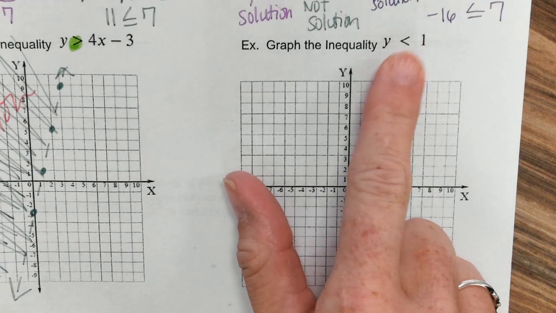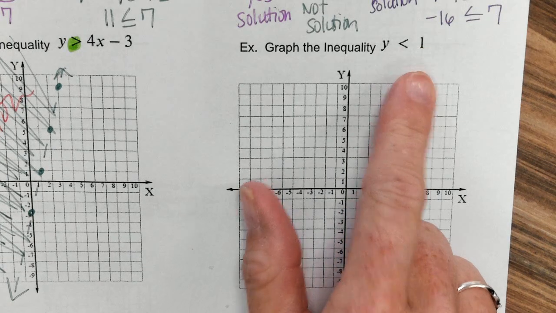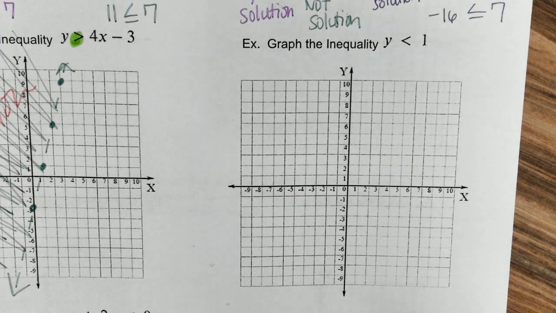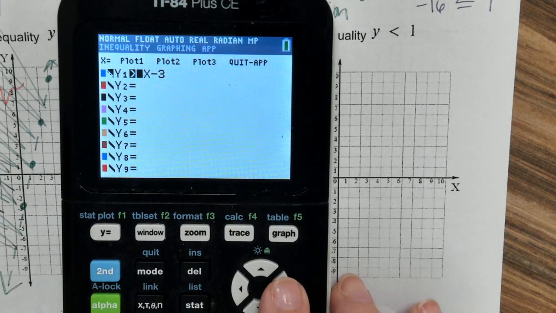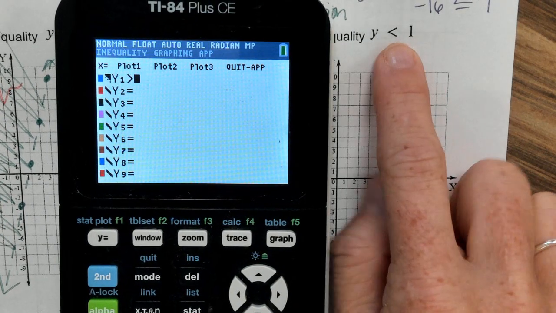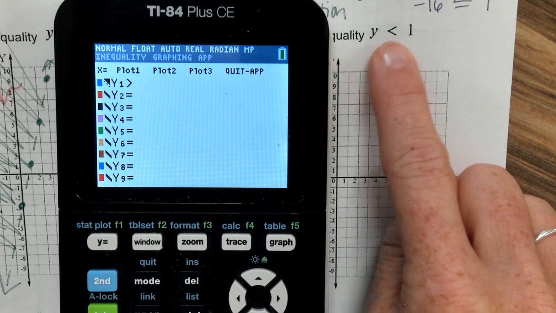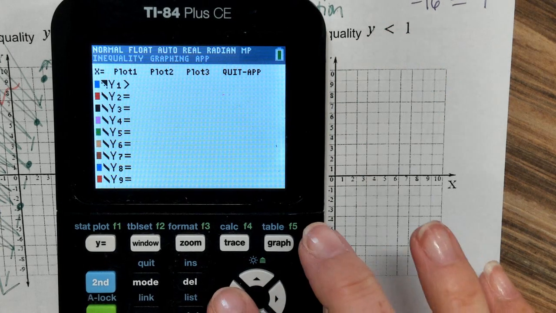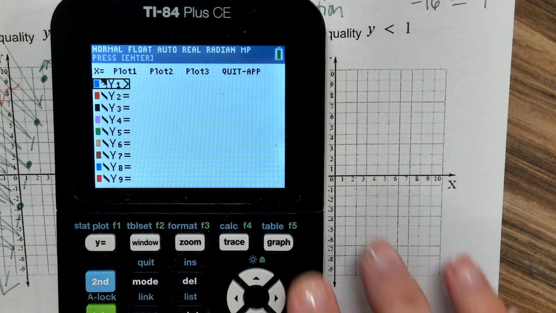Y'all want to try it in your calculator? All right. So we're going to go to y, but this time we're going to change our sign to what? It was greater than. We need to make it less than. So everybody go change your sign to less than.